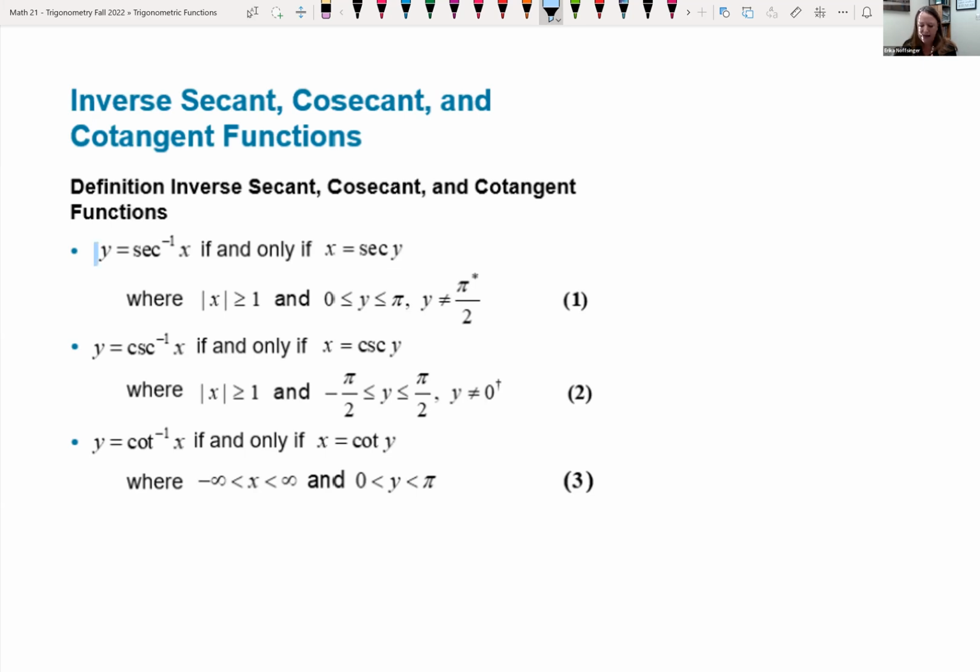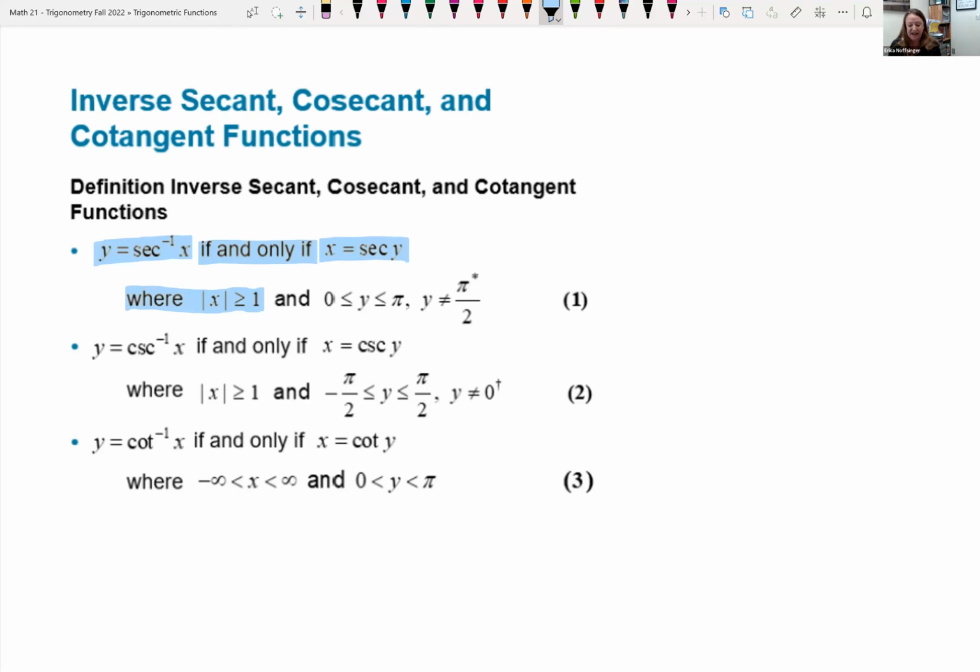So it says y equals secant inverse of x if and only if x is equal to secant of y. So if we took the secant of both sides of that equation, we would get that. The absolute value of x has to be greater than or equal to 1.